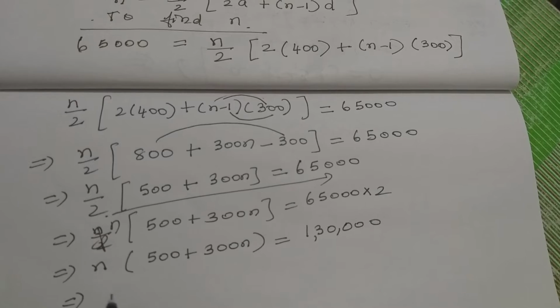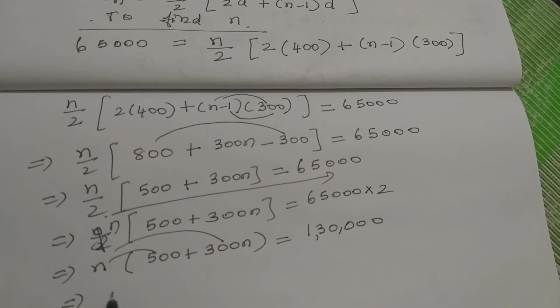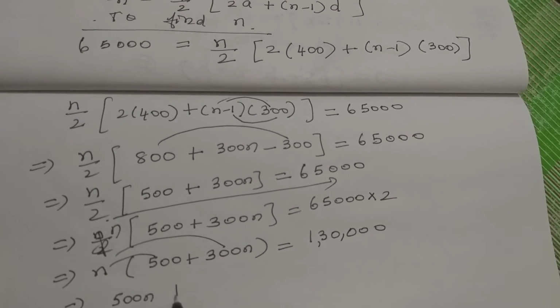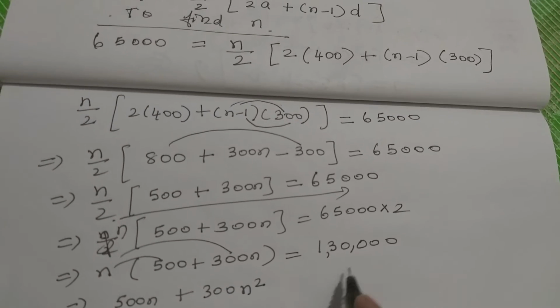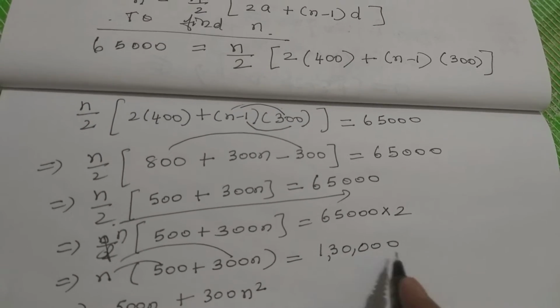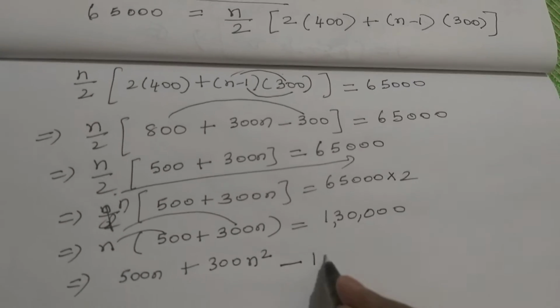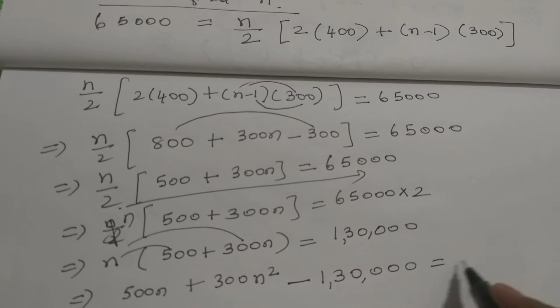Now multiply with n: we get 500n plus 300n squared. Bring 1,30,000 to the LHS, so plus will be minus, and we get minus 1,30,000 equal to 0.